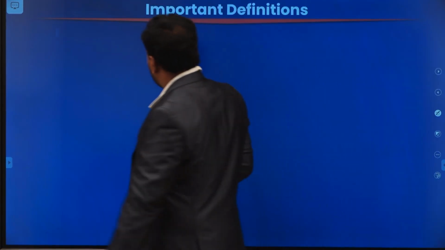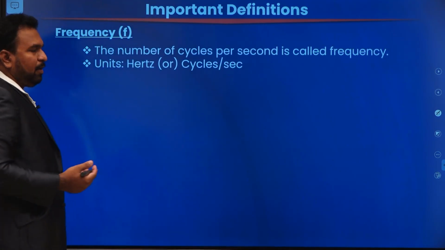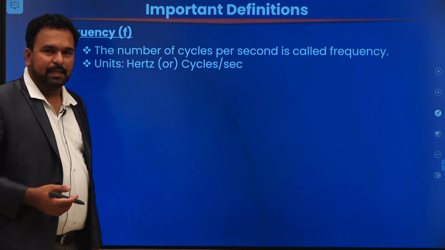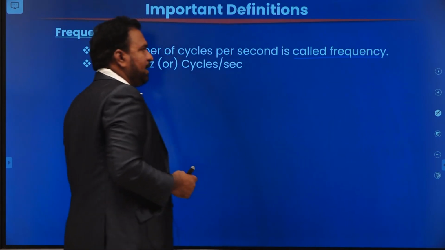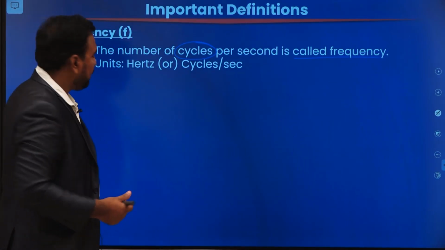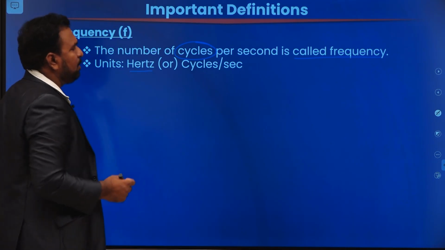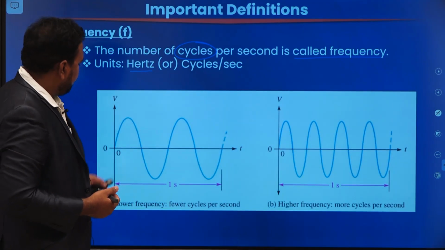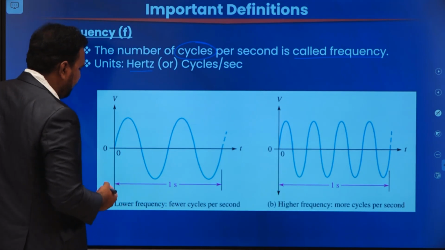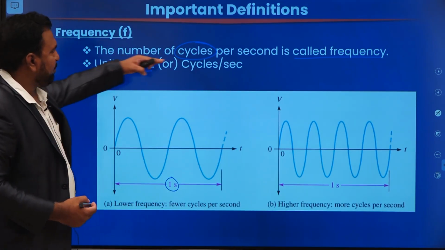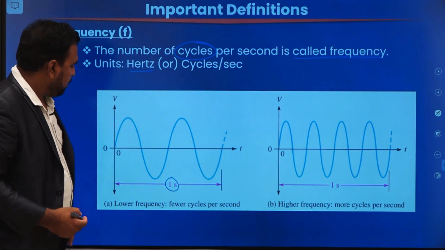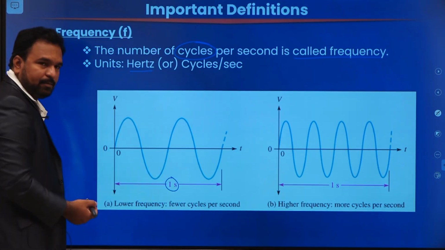And next one, frequency. Already you know about frequency. The number of cycles per second is called frequency. The units are hertz, or cycles per second. If you observe the waveform here, for 1 second we always measure the number of cycles obtained. How many cycles are there in this first diagram?